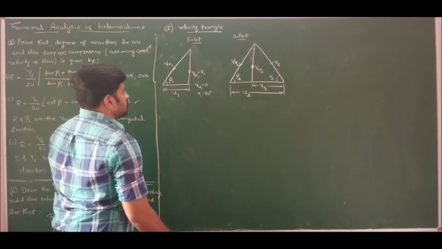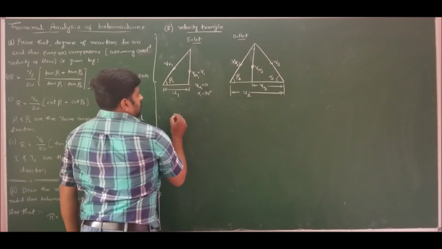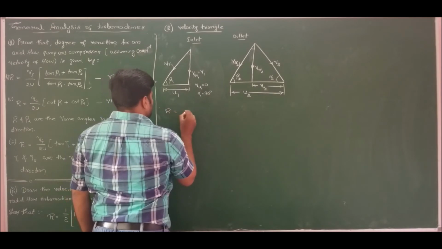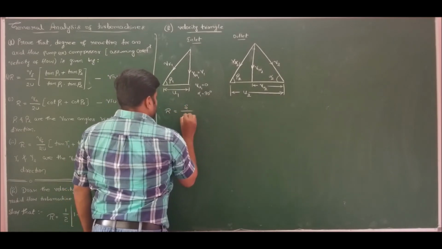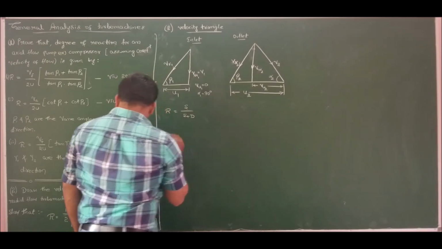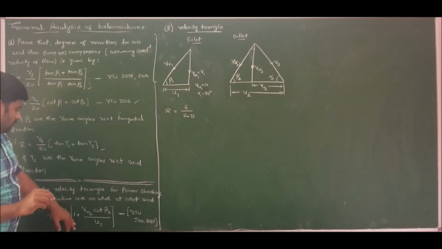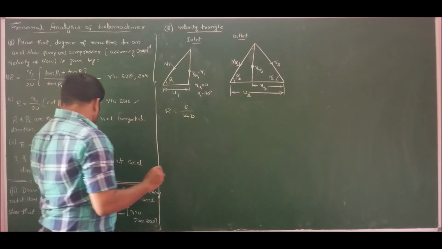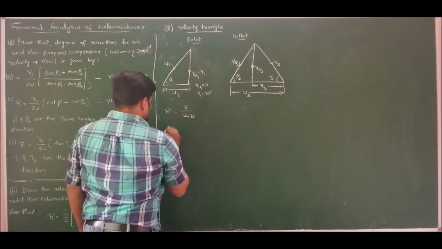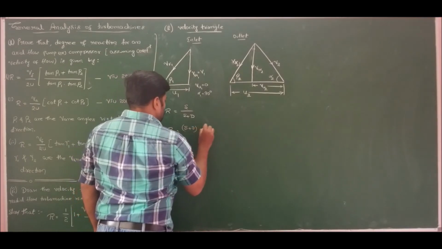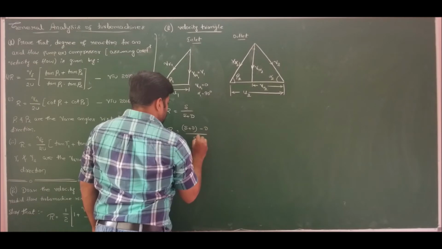Now if I solve for this, we know that degree of reaction R is given by static component by static plus dynamic component. To prove this, it is of the form 1 plus something, so I should express this as R is equal to (S plus D minus D) by (S plus D).